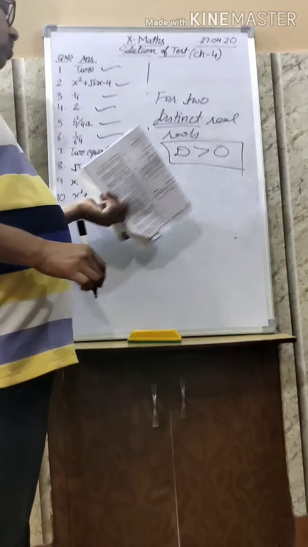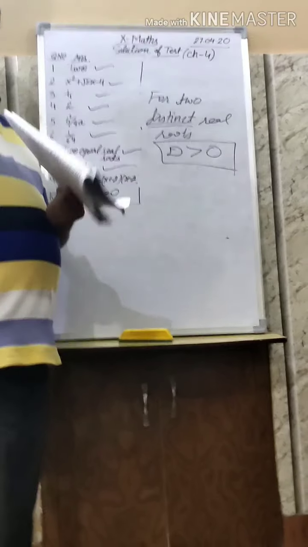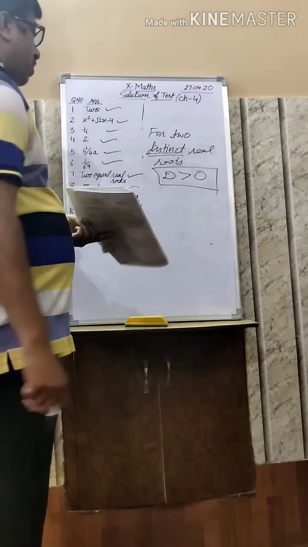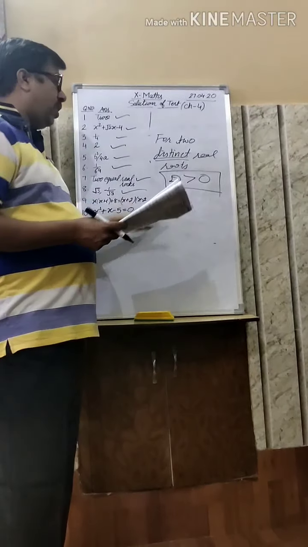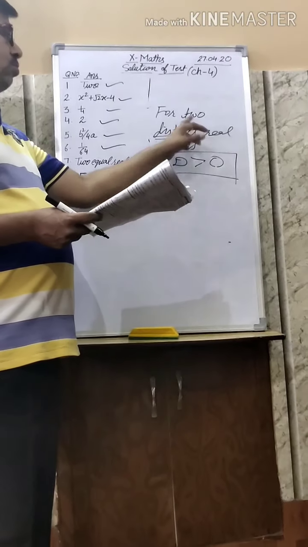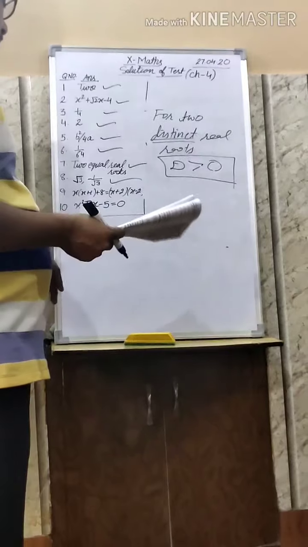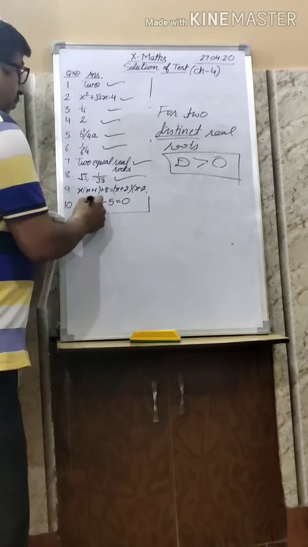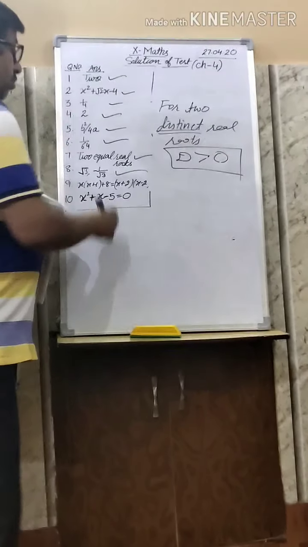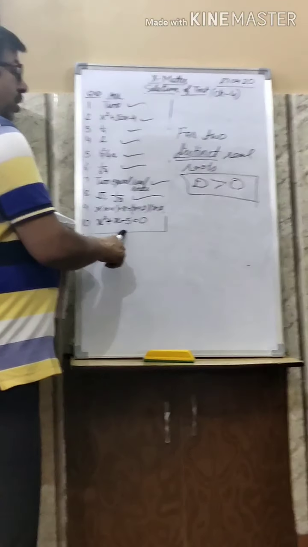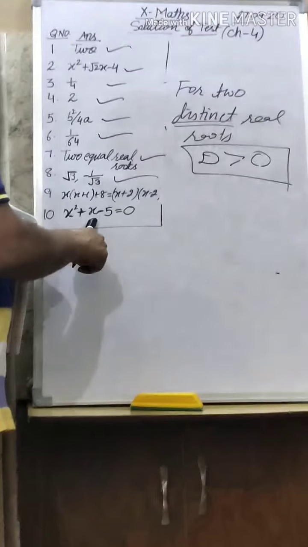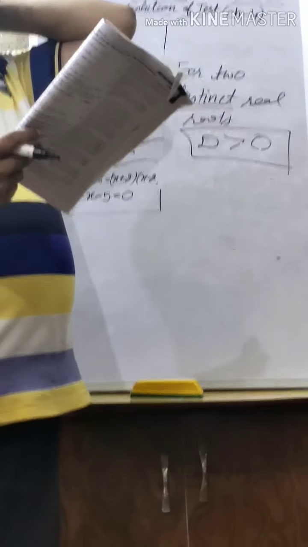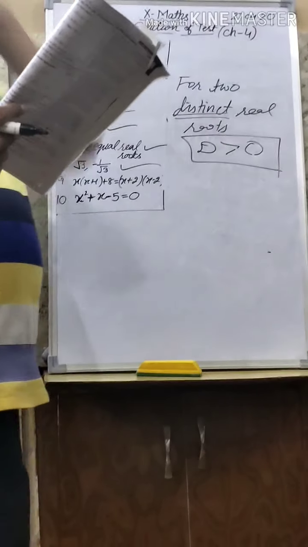So my dear students, in all the 4 options, you have to find out the D in every part. Clear this? If in any one part D is greater than 0, then roots are real and distinct. So the answer is x square plus x minus 5 is equal to 0. You find out the D, then you will get D greater than 0 in this part, then roots are real and distinct.